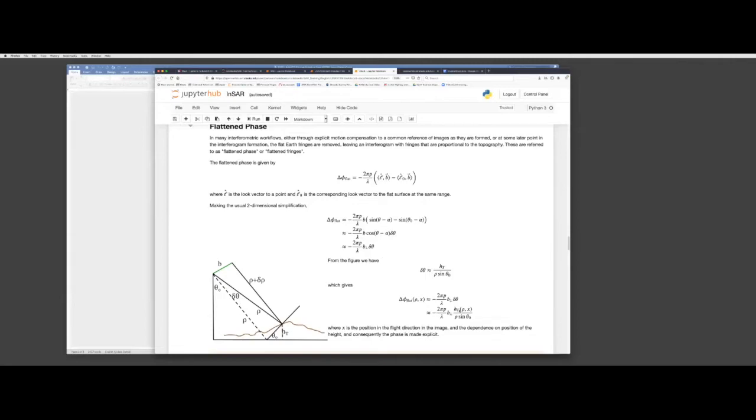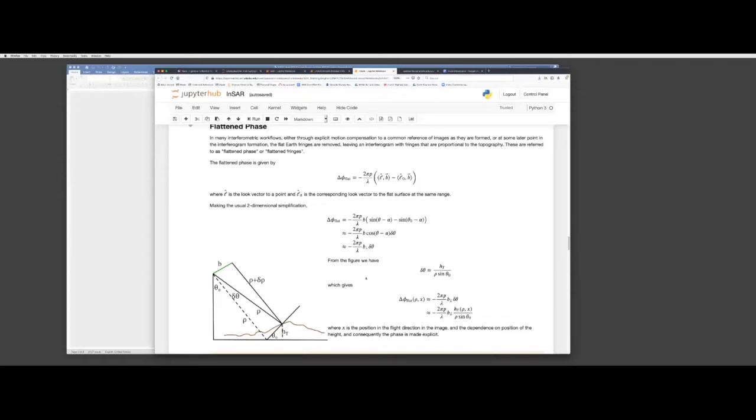So if the perpendicular component of the baseline is 0, you have no sensitivity to the topography, because your measured phase will be 0 in that case, independent of what the height actually is. It also says that this flattened phase, to this approximation, is directly proportional to the topography. So if you measure this flattened phase, you measure the topography with some scale factor.